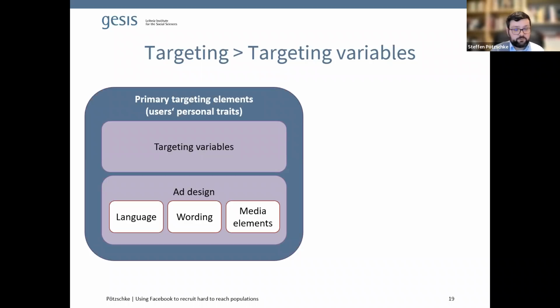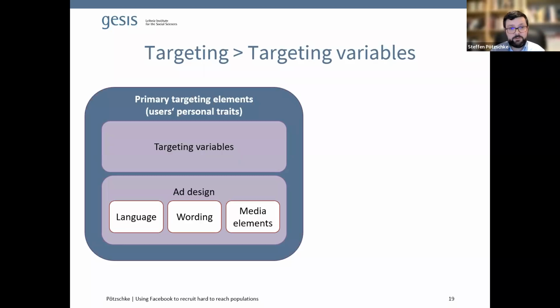So I just told you that it is not possible to select Quechua or Hausa as a targeting variable, but I can design an advertisement which uses text only in Quechua or Hausa.